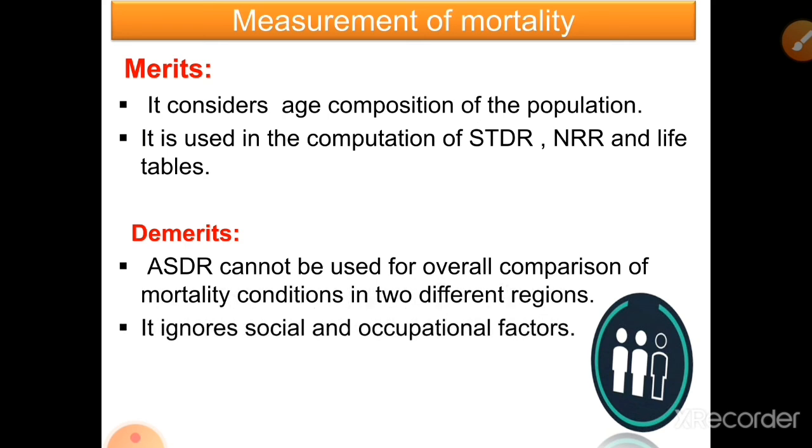The second demerit is it ignores social and occupational factors. ASDR only indicates the death rate, but it does not tell what is the reason for death. The reason may be any social or occupational factors.